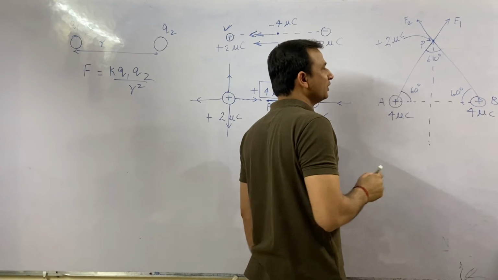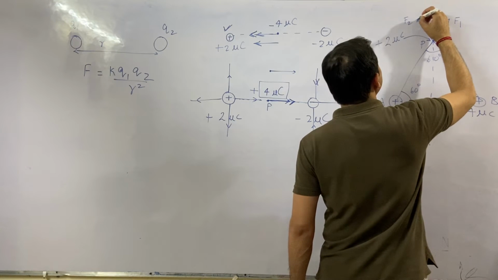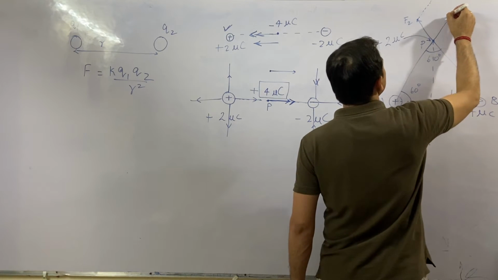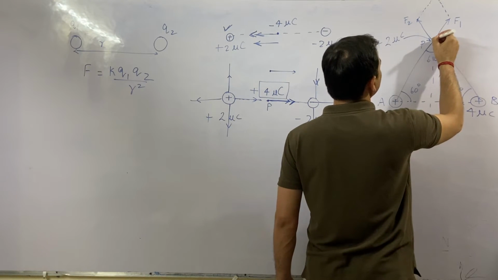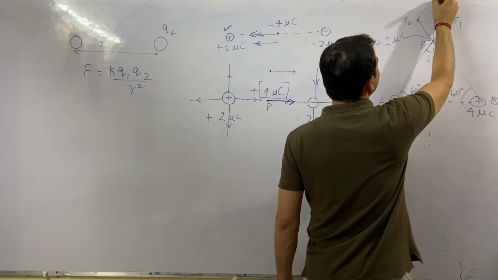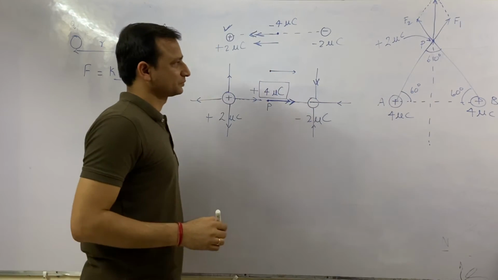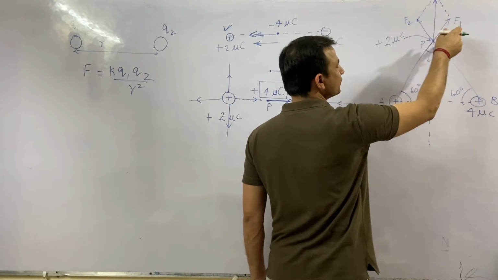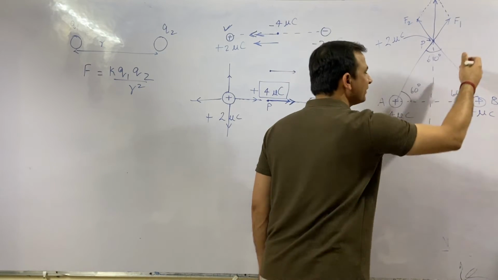Why is it so? Because if we use vector addition by the law of parallelogram, these two vectors will add something like this. And when they add, their resultant will point vertically upward. So to solve this type of questions, you should know how to use vectors and how to resolve vectors.